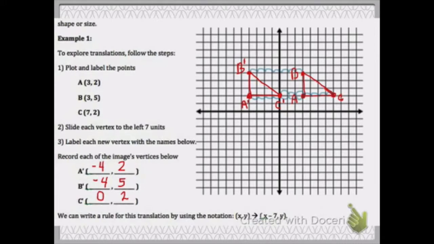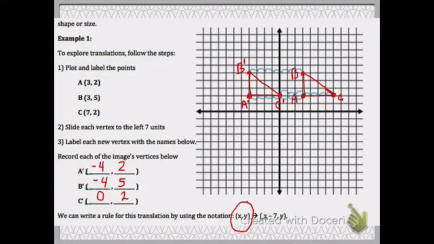Another skill we want to work on is writing an algebraic rule for translations. So we show the original as just x and y, whatever those x and y's happen to be. For example, point A in the original was 3, 2, but we just represent it as x, y when we're writing the algebraic rule.